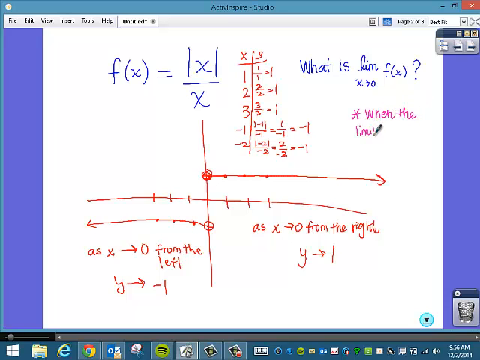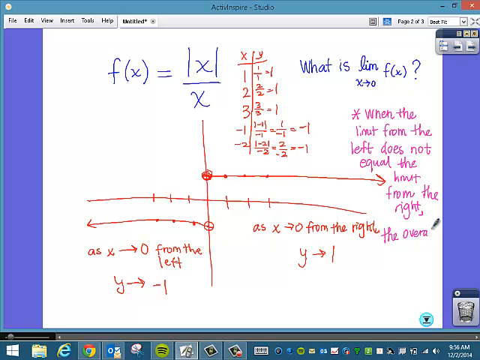When the limit from the left does not equal the limit from the right, the overall limit does not exist.